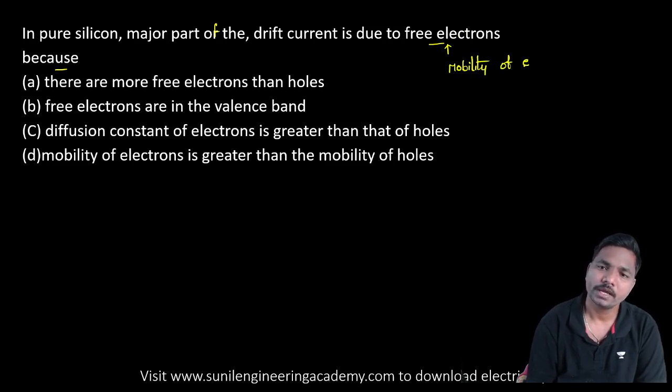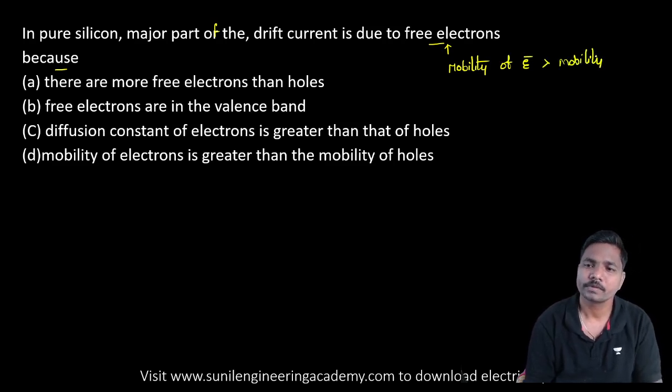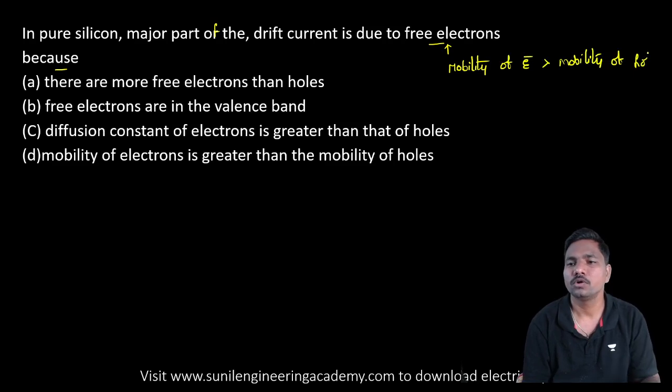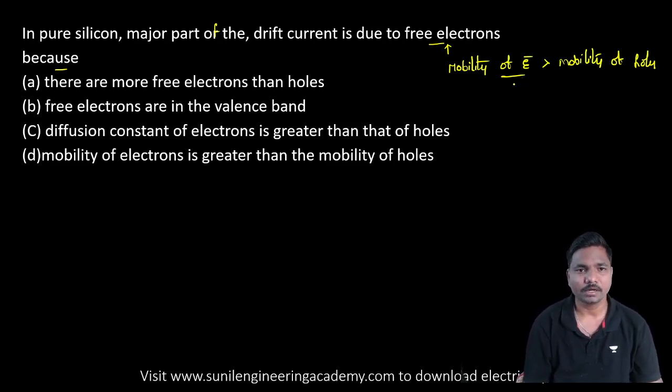Mobility of electrons is greater than mobility of holes. So that is why the major part of the current flows due to electrons.